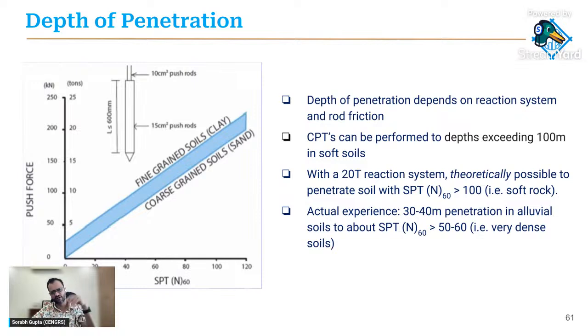If you go to coastal India, we did a couple of tests in Kochi, we were able to push down to 70, 80 meters, no problem. So it really just depends on the strata. And in a sense, that's fine, because usually geotechnical engineers are interested in knowing the characteristics of the ground in the soft portion up to where the hard formation comes.